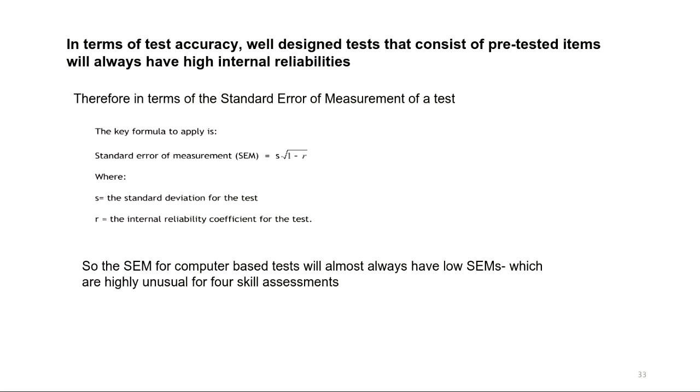One of the key features, in terms of validity and reliability, is that validity is, in my view, the most important aspect: that we're assessing what we want to assess, and that we've got construct representation. But there's no question that reliability is important here.